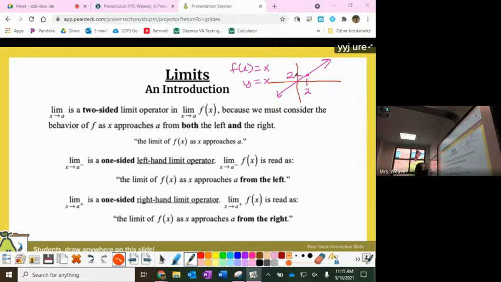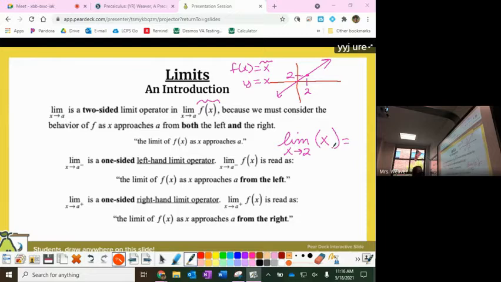So when we ask for the limit as x approaches 2 of the function x, here I picked an actual function, the function equaling x. It's just a simple one. The limit of that function as x approaches 2.